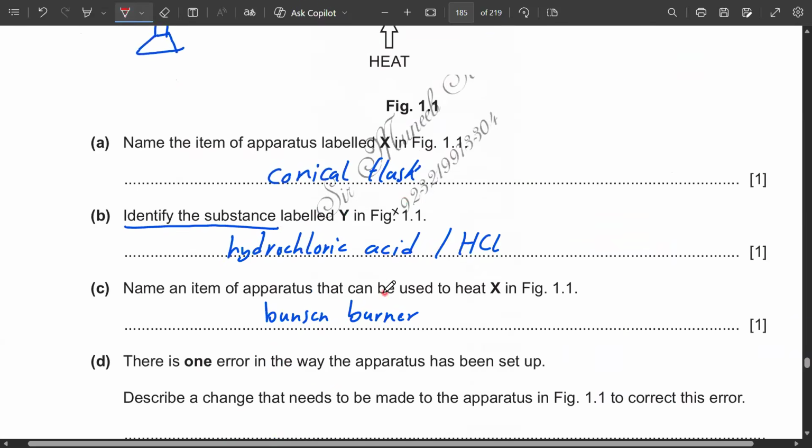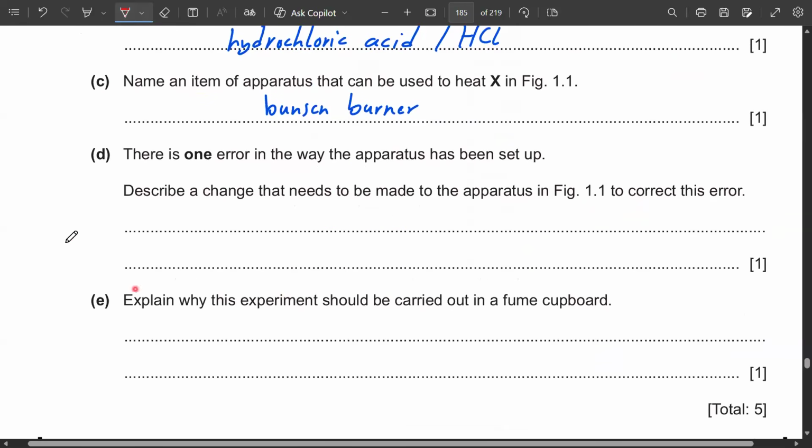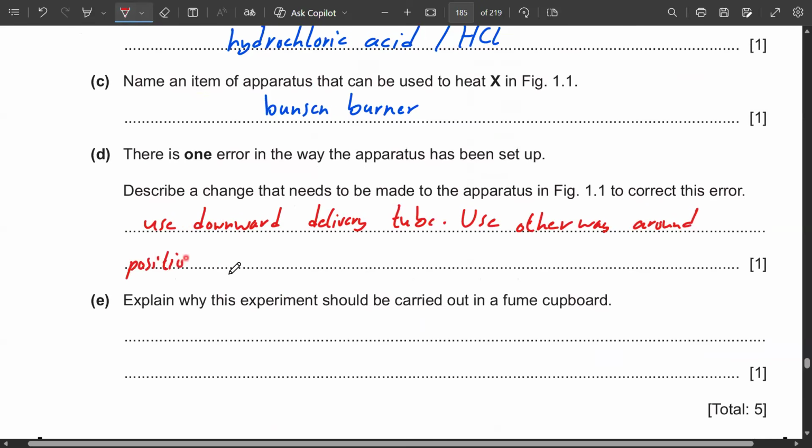So we can write any of these errors over here. You can write use downward delivery tube, or use the other way around position of collecting tube.